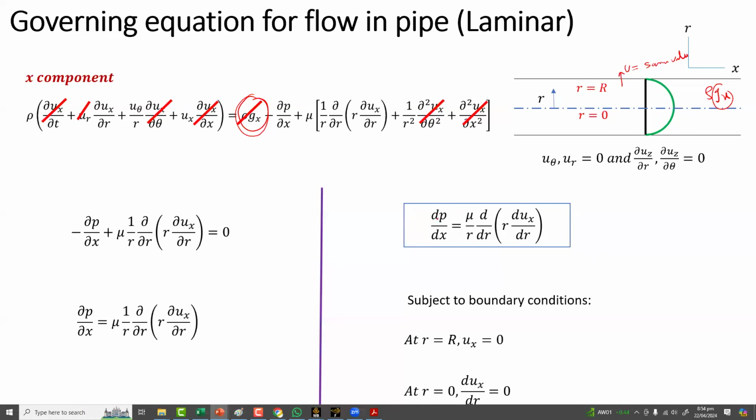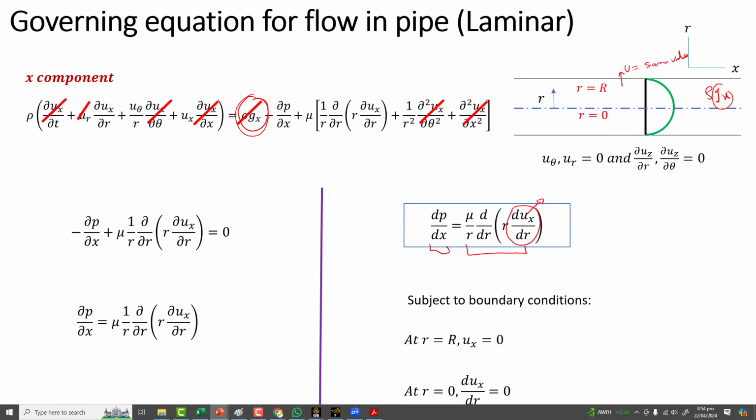From here, when we derive the equation, we come up with the formula that this pressure gradient is related to this shear stress. The shear stress contains the derivative of velocity with respect to y. So we have the change in the velocity with respect to r, but no change in the velocity with respect to the x direction because the flow is fully developed.